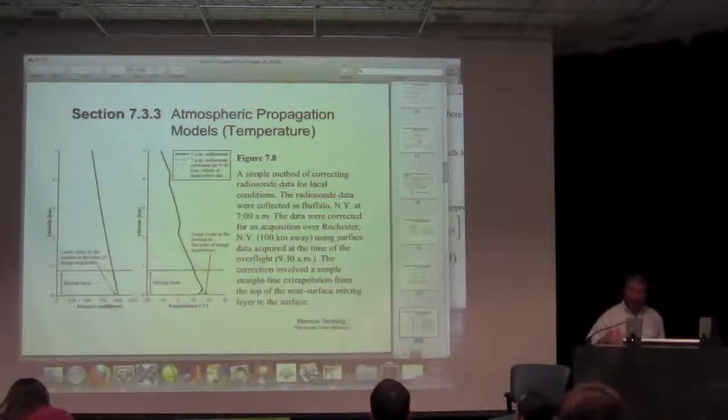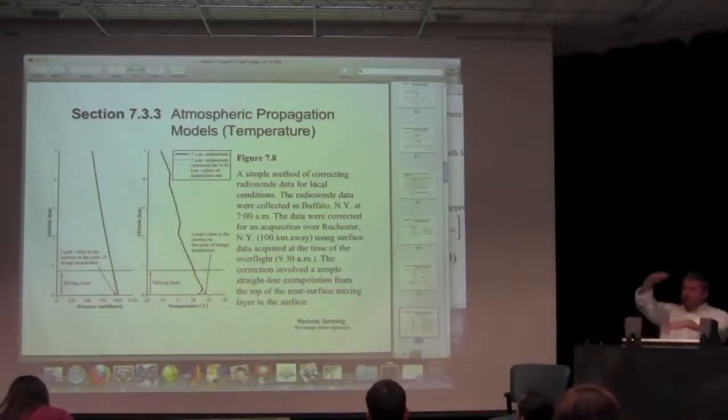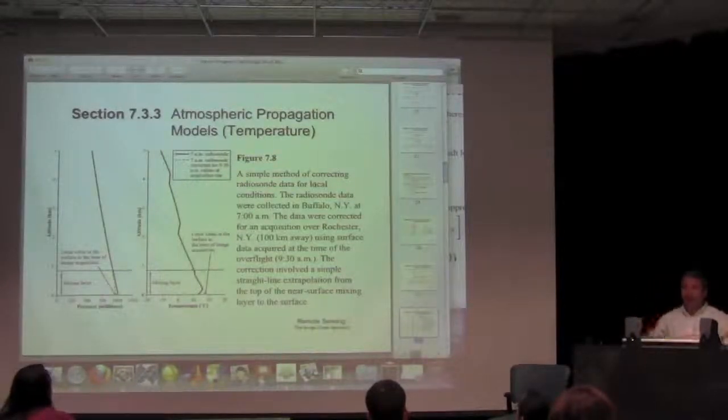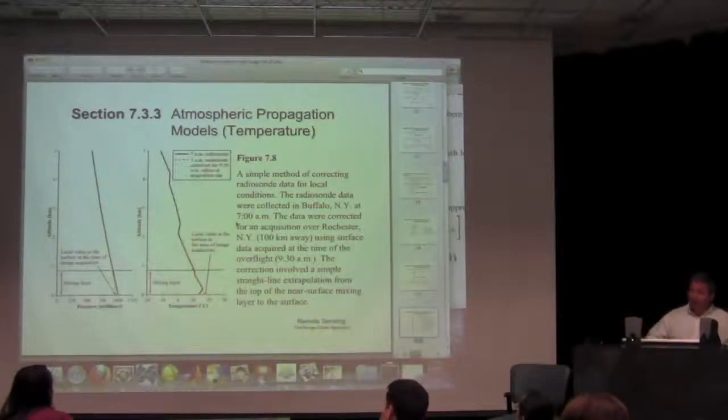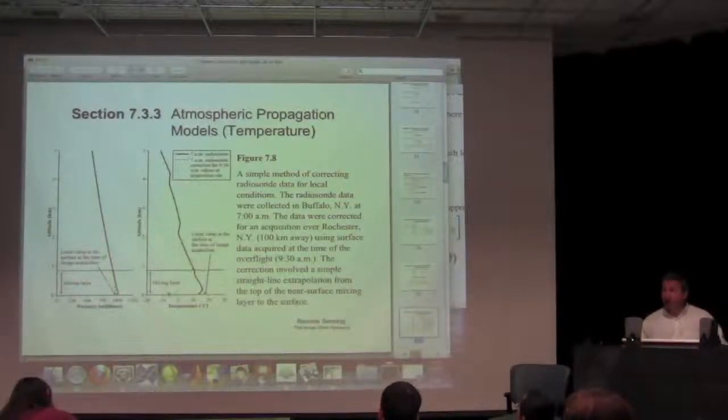It's a series of card decks. It takes the file that you have and puts in as many more lines as layers you've defined in the atmosphere. Most of the time we get on the order of about 30 different layers in a radiosonde. So that file just increases by 30 rows, and in each row are the altitude the measurements were made at, the pressure, the temperature, and the water vapor concentration or relative humidity at that altitude, depending on what measurement you get.